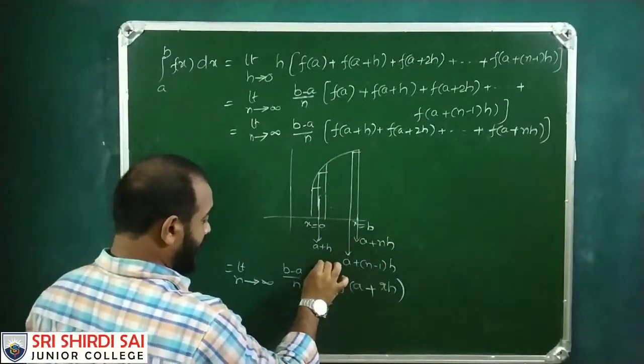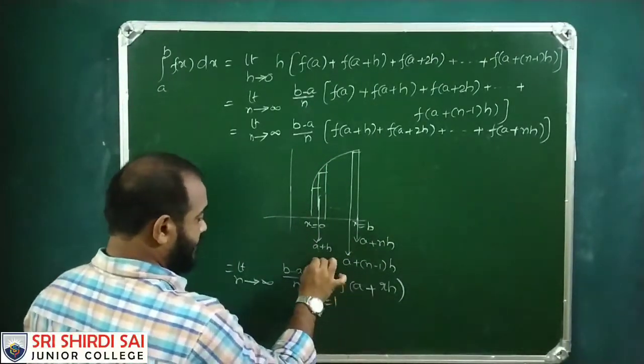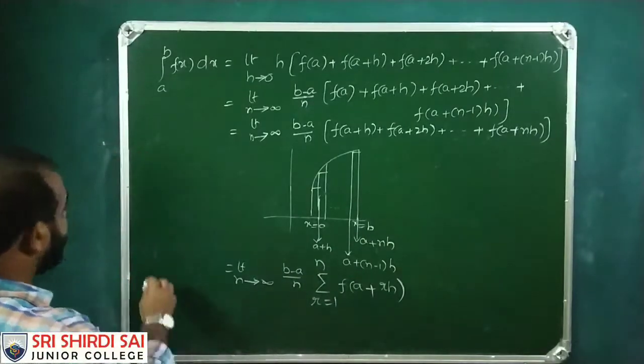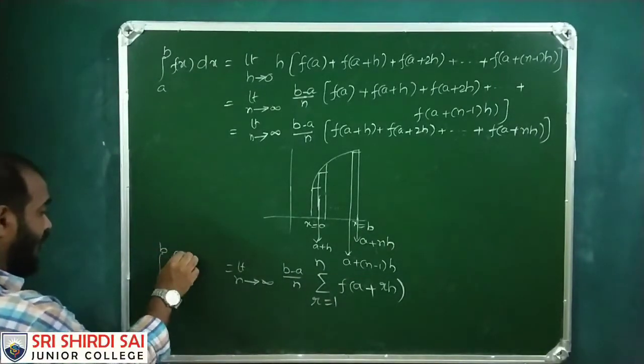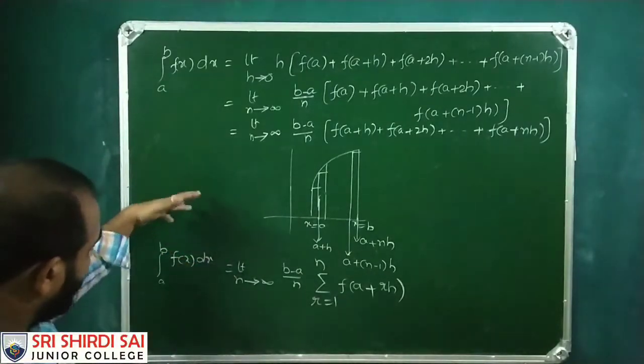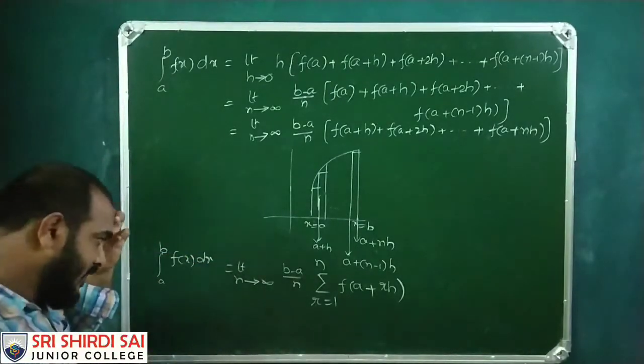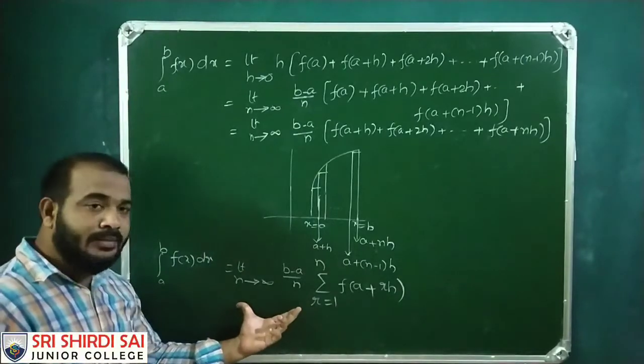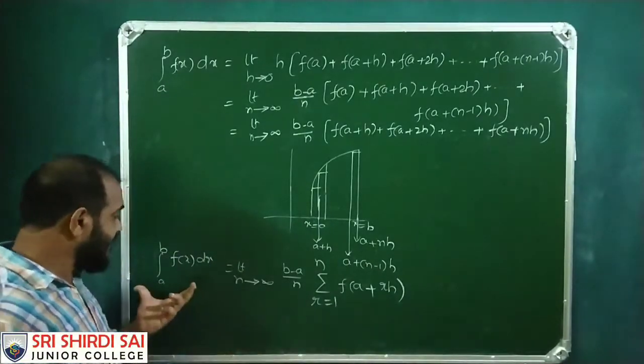In this way we can write the integral from a to b of f of x dx. If you see this, actually this is the limit of a sum, and this is the sigma.